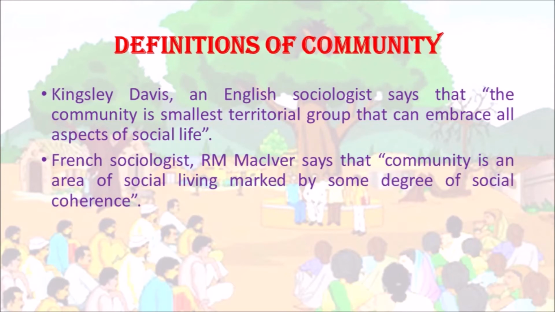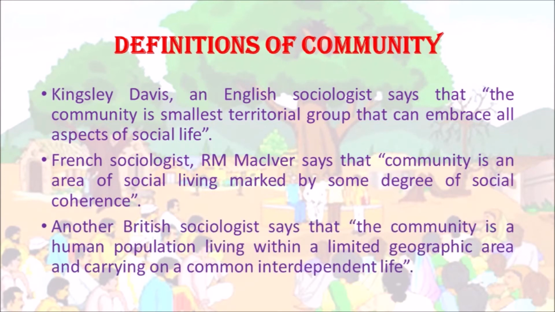Another British sociologist says that the community is a human population living within a limited geographic area and carrying a common independent life. These definitions vary from very simple to very complex and elaborate, and it is difficult to have one definition which is precise and comprehensive enough to accept universally.